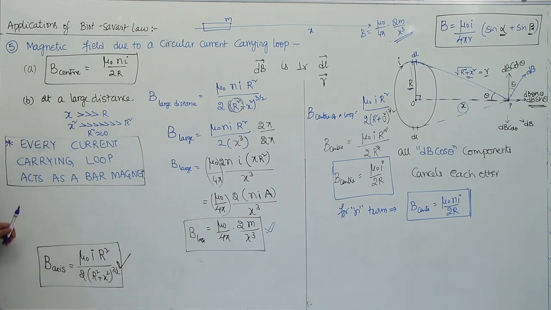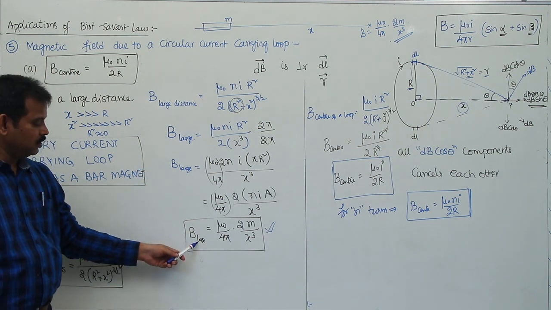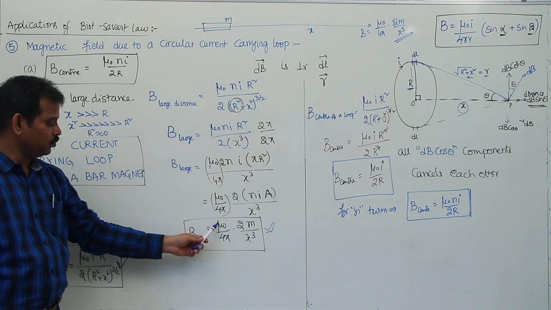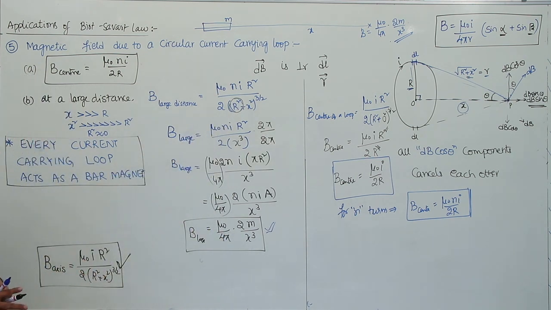We proved it by showing that B at a large distance due to a circular current carrying coil is equal to mu naught by 4 pi 2m by x cube.